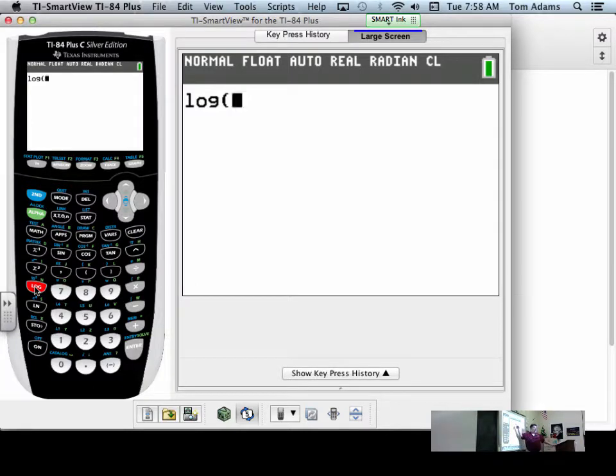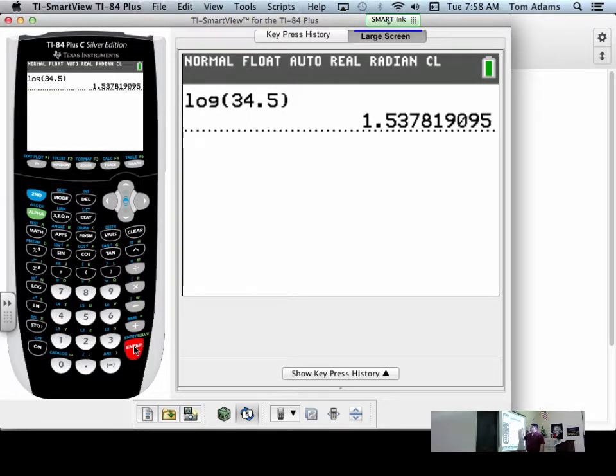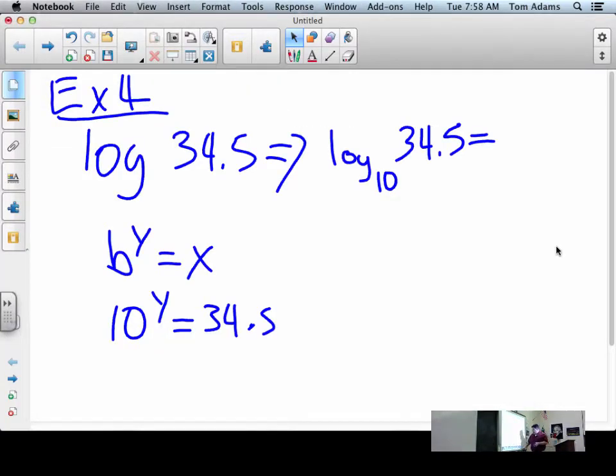This one, when we don't write it, but it has the word log, that has a base of 10. So now I'm just going to plug in 34.5, and if I hit enter, the calculator will calculate it for me, which is 1.537.